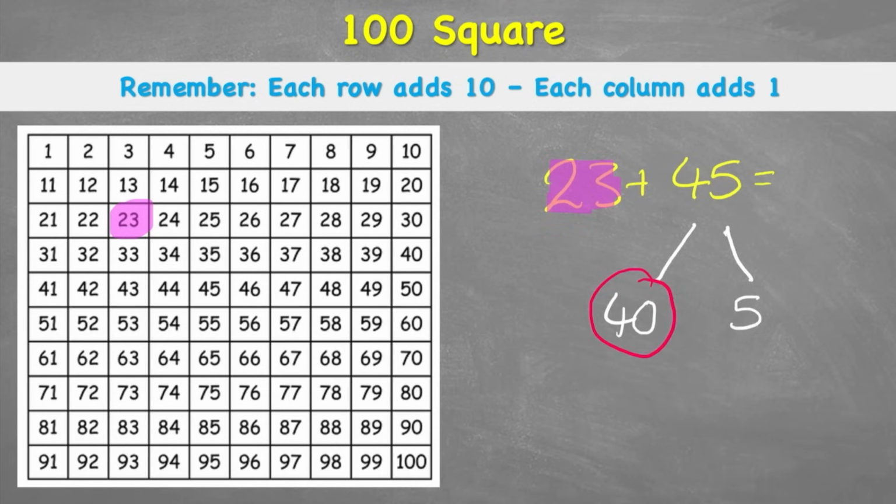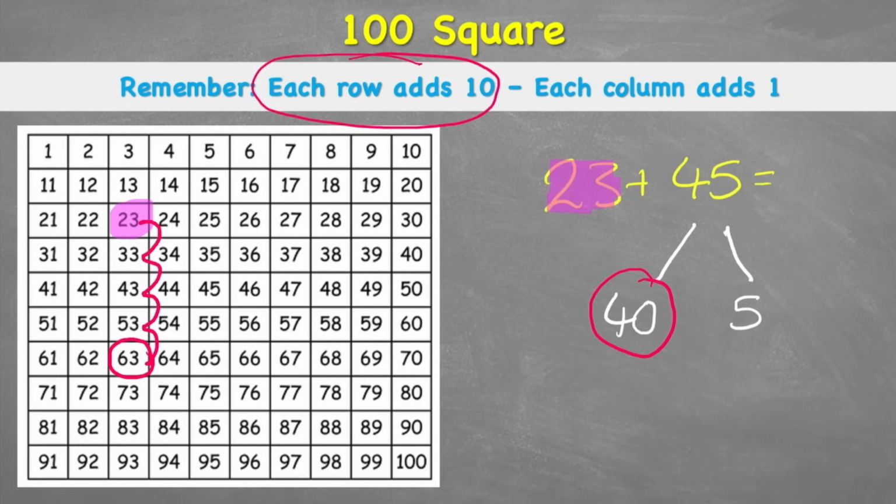So first I'm going to add 40. And rather than going 1, 2, 3, 4, 5, 6, 7, 8, 9, 10, 11, 12 and spend my entire day counting 40, all I'm going to do is understand the first rule, which is that each row adds up to 10. So what I can do is I can just jump down 4 rows. 1, 2, 3, 4.